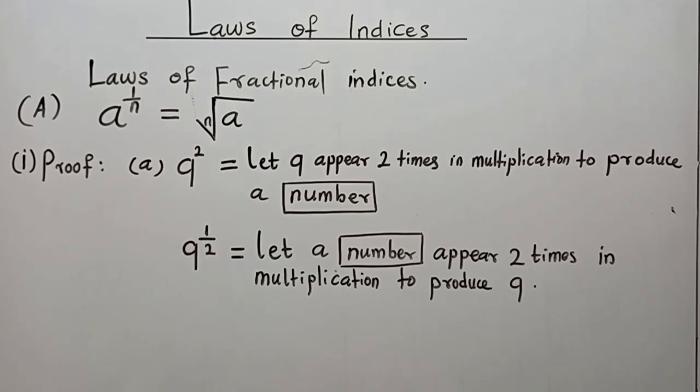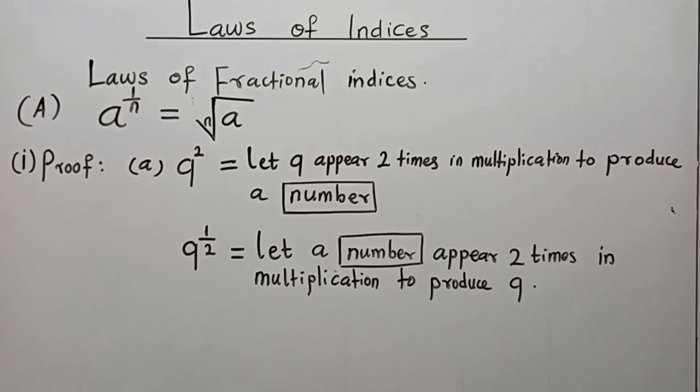That is practically impossible. Then automatically, this must mean a different thing. What then does this mean? It says, let a number appear 2 times in multiplication to produce this 9. These are the meanings of these expressions.